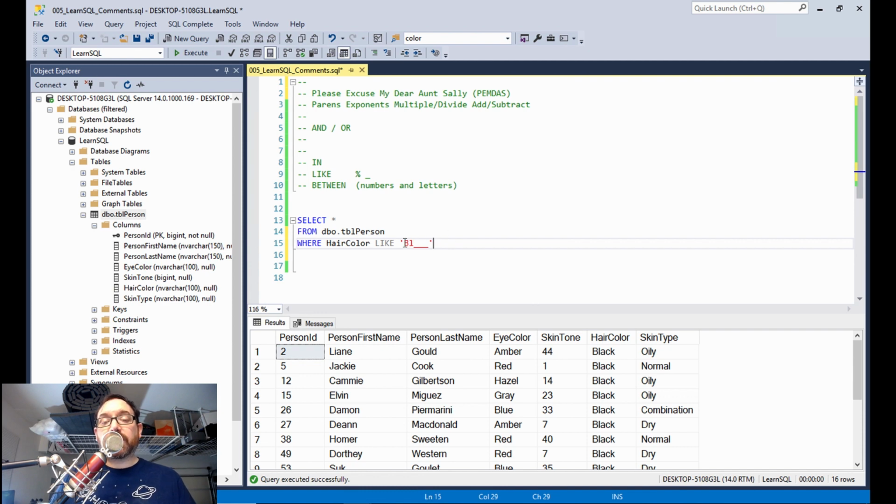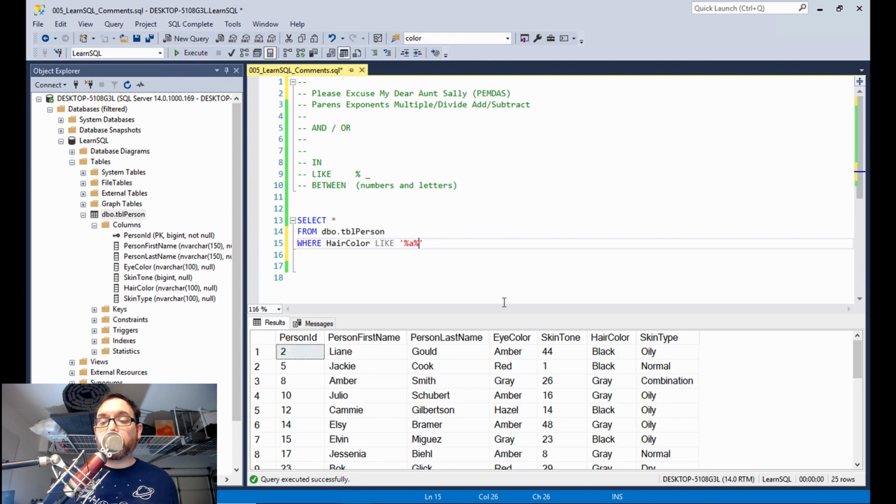So the LIKE statement is very unique in the sense that sometimes you're looking for patterns. Like I'm looking for things that have an A in it anywhere in it, LIKE '%A%'. A can have anything before it in the word or sentence and anything after it.